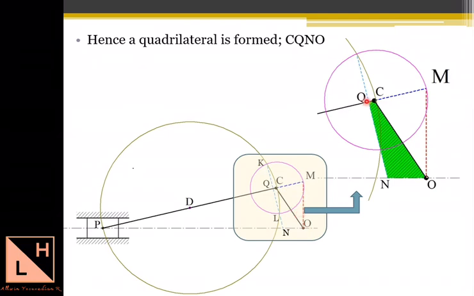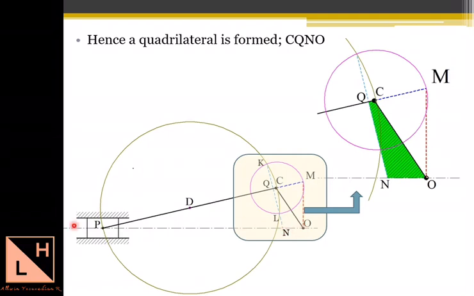Now two sides are already named with the acceleration directions. The next one is simple, that is NO. If you look at the diagram, NO is actually parallel to the movement of the slider. The slider is moving in the horizontal direction, and even the side NO in the acceleration diagram is a horizontal line.